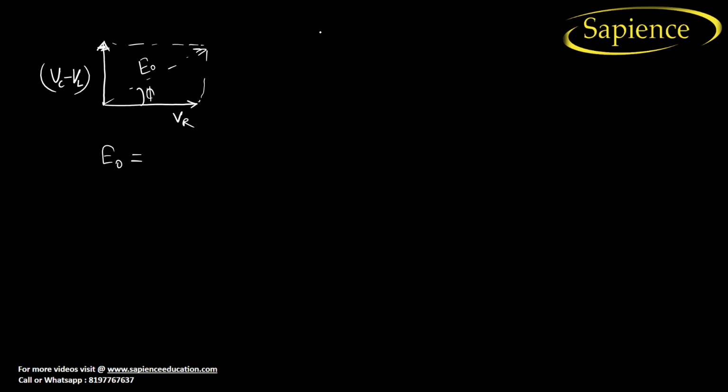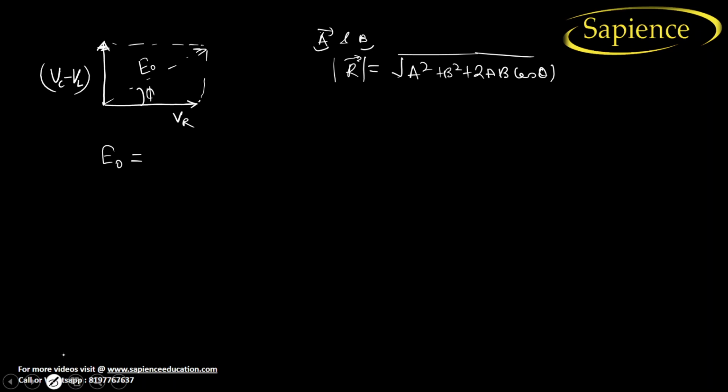We know that for vector addition of two vectors A and B, the magnitude of the net resultant vector is equal to root under A square plus B square plus 2AB cos theta, where theta is the angle between vector A and vector B. We have here two vectors, this one and this one, making an angle of 90 degrees. So how do you find the resultant EMF?